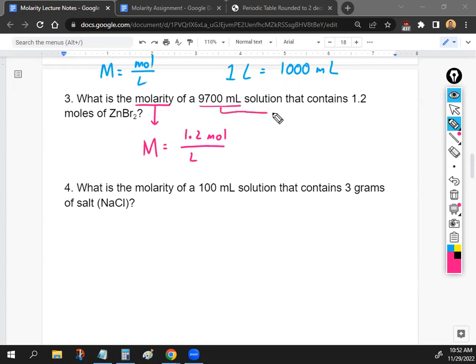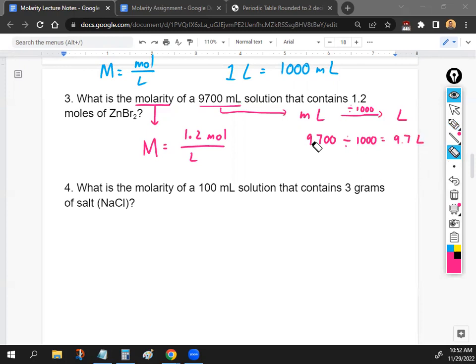So we need to turn milliliters into liters in this problem. If you remember what I showed you in your notes, how do you go from milliliters to liters? Yeah, exactly. You're going to divide by 1,000. So all you're going to do is 9,700 divided by 1,000, and that is going to give you 9.7 liters.